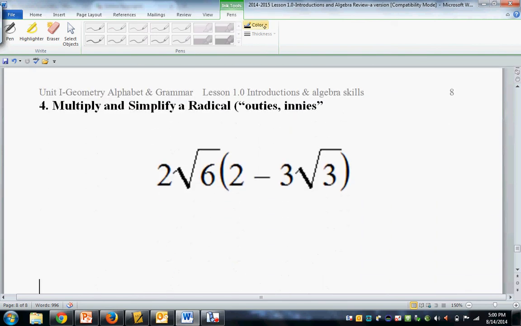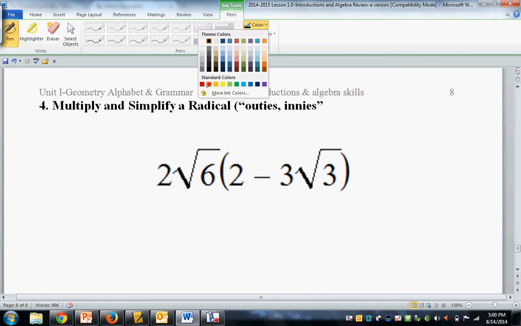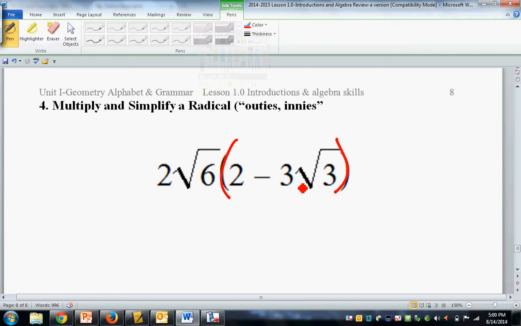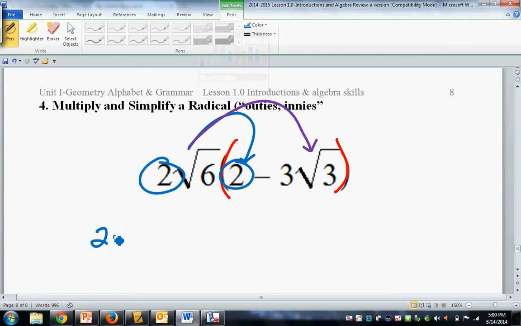Now for something like this, we're going to distribute a radical. So we obviously have, this means multiply. Step 1, I'd like you to draw an arrow from this to here, and draw another arrow from this to here. Now for the blues, only outies multiply to outies.